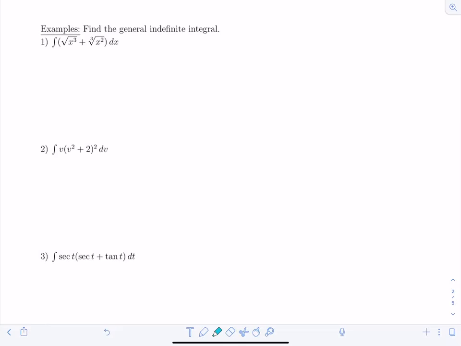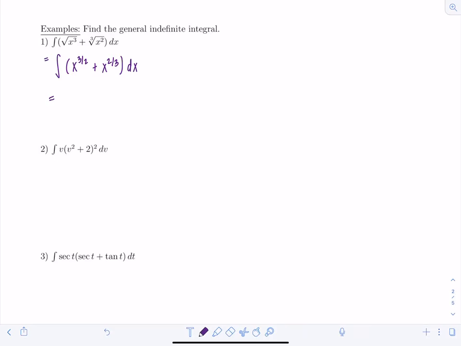All right. Good, so find the general indefinite integral. First things first, I want to rewrite my integrand in an integral-friendly format, meaning I want to rewrite my exponent. So I have x, instead of square root of x cubed, that's x to the 3/2 plus x to the 2/3 dx. And then we can just go through term by term, anti-differentiate, which is the same thing as finding the indefinite integral.